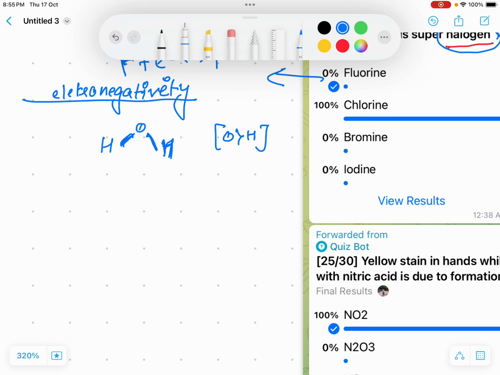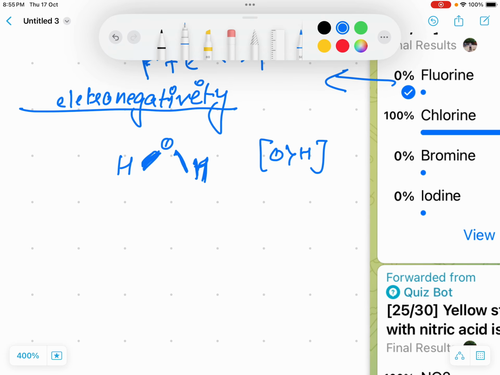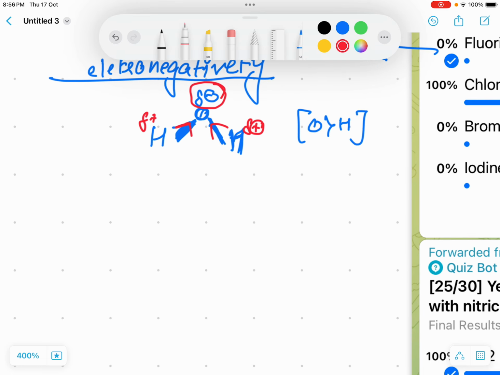We know oxygen is more electronegative than hydrogen, so this becomes a polar bond. A covalent bond is just the sharing of electrons. Since the oxygen atom is more electronegative, it attracts the bonded pair of electrons towards its side. So polarity develops, with a partial negative side on oxygen and a partial positive side on hydrogen. This is what electronegativity is.